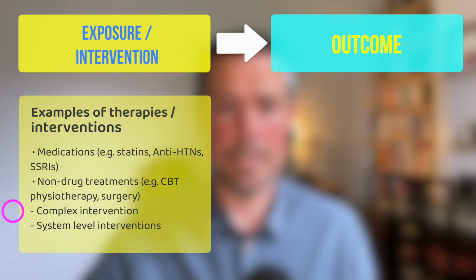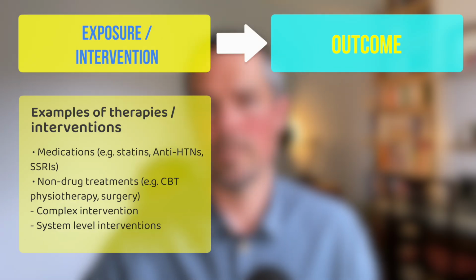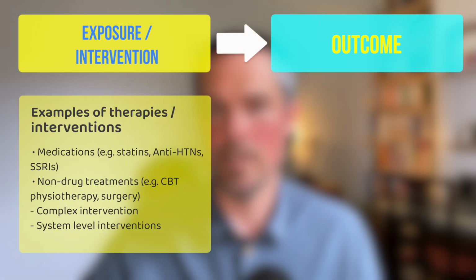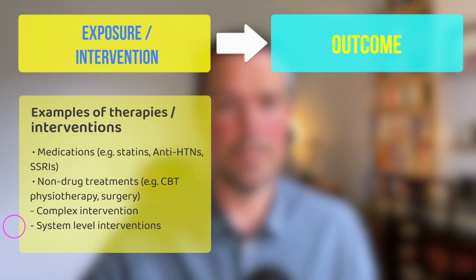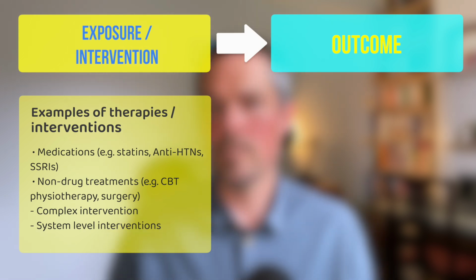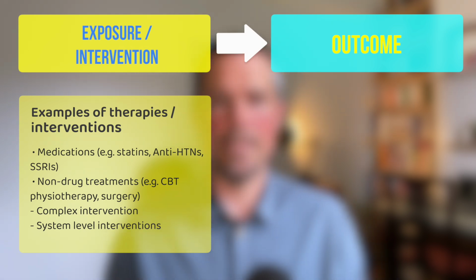It could be a complex intervention, which would be an intervention with multiple subcomponents that might try to change the behavior of a patient. They could be lifestyle or system level changes such as smoking cessation, exercise programs, structured diabetes care.